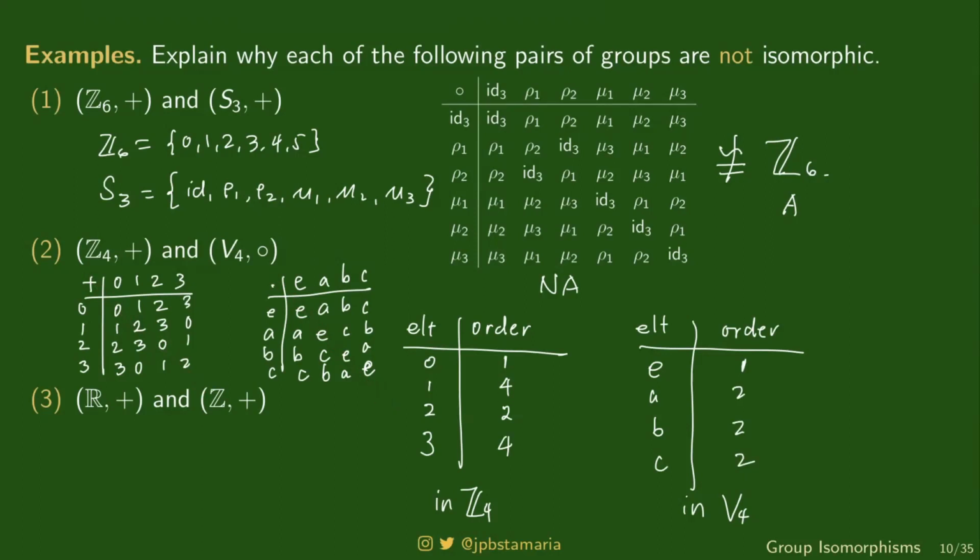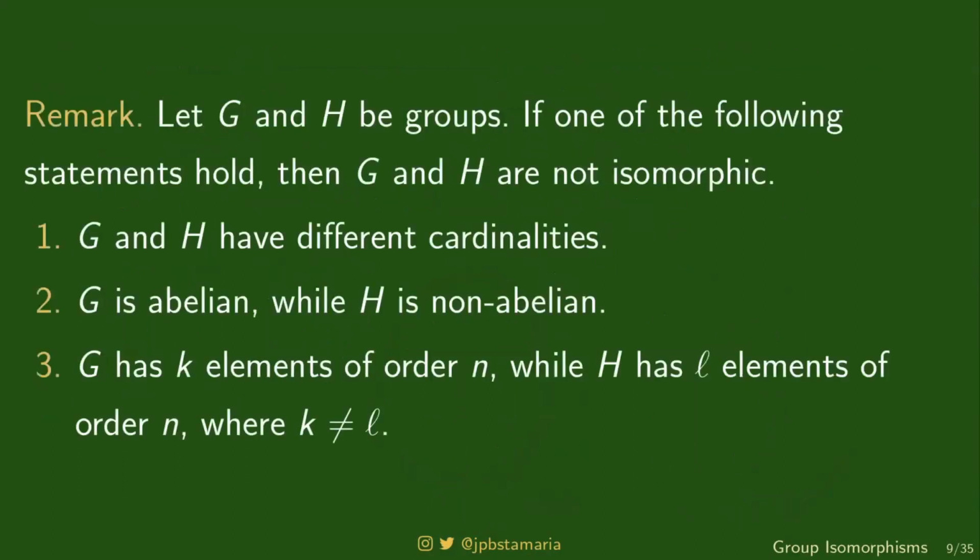Halimbawa, you can say or you can argue that there are exactly 2 elements of order 4 in Z sub 4, but there is no element of order 4 in V4 or Klein 4. Or you can say that there is exactly one element of order 2 in Z sub 4, while there are exactly 3 elements of order 2 in Klein 4 group. So therefore, they are not isomorphic. Di ba binanggit ko yan?